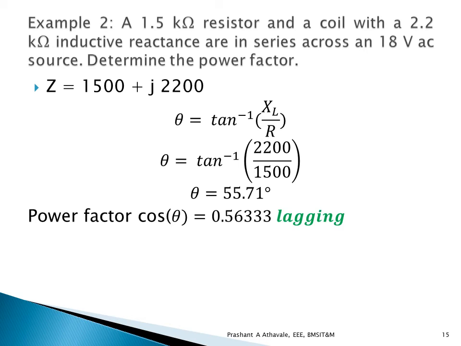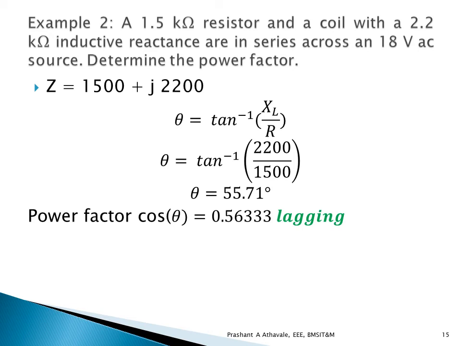So cos phi or cos theta, any one symbol you can use. If you rearrange the terms, from this equation, I repeat, P is equal to VI cos theta, you can write cos theta as P by VI. So in the numerator you have P, in the denominator you have VI.